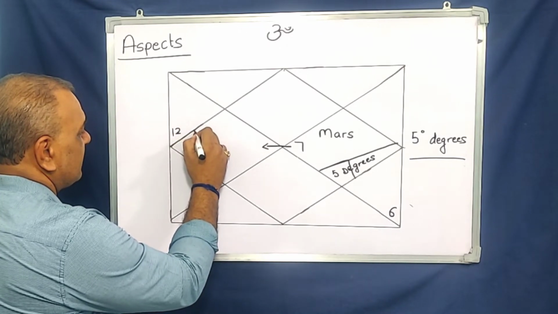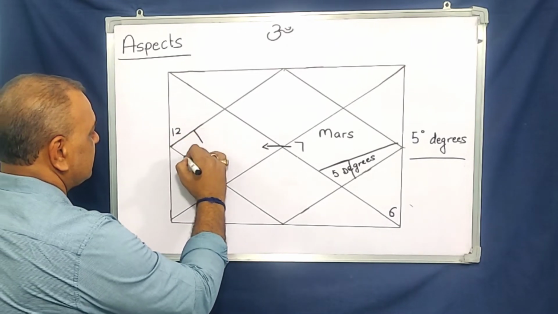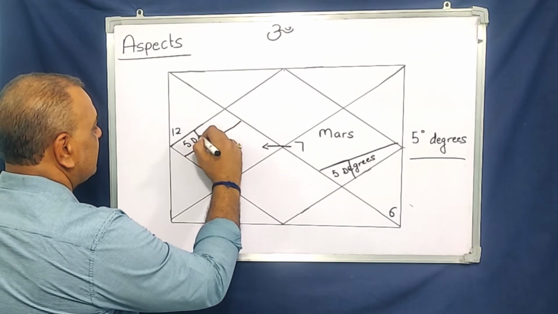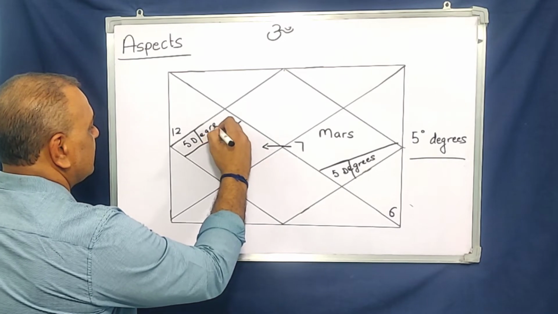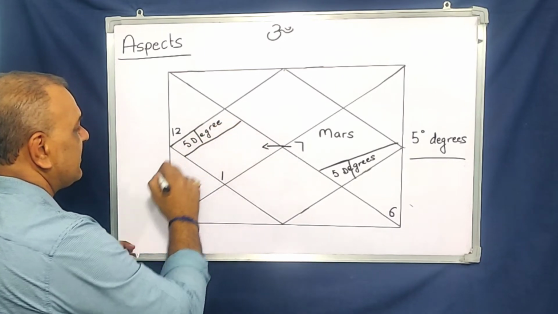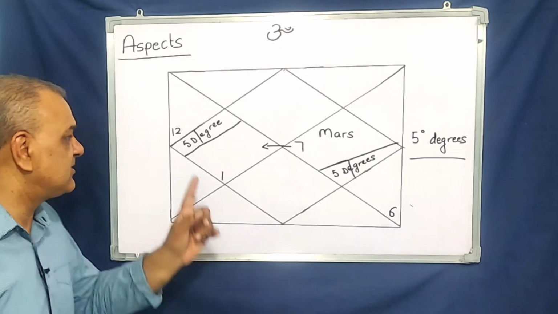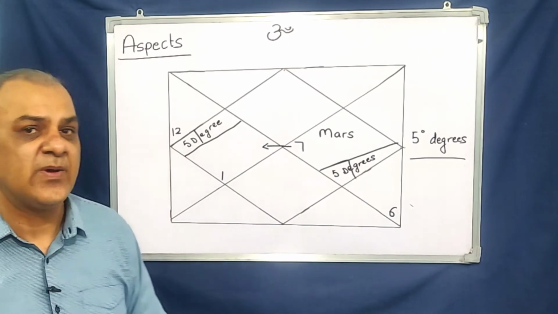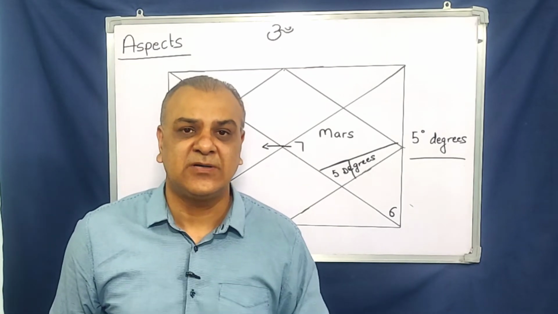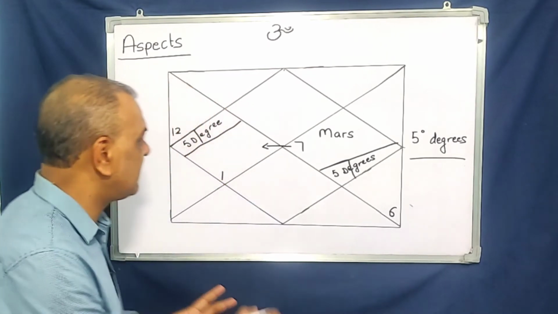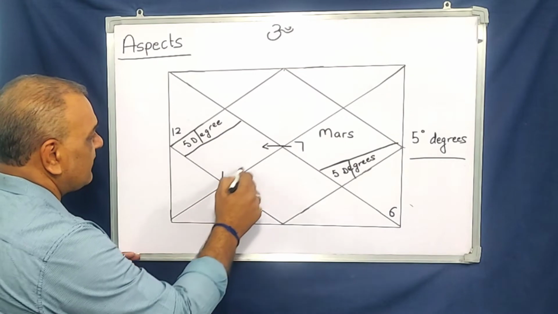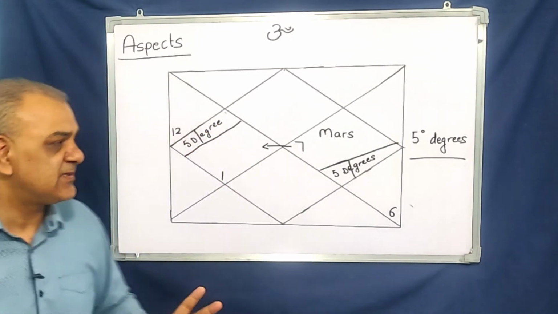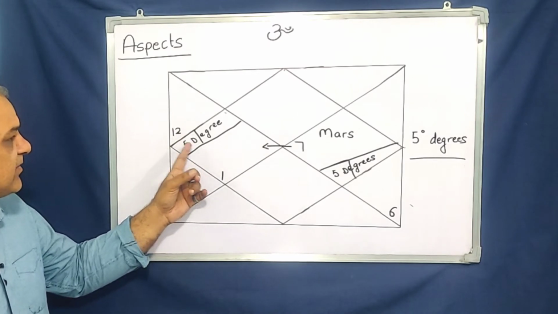Aries will start from here, and let's say this is the 5-degree portion of Aries, because Aries will start from here. One thing you need to remember is every sign has got 30 degrees. So this particular fourth house where number 1 is written has got 30 degrees and the house will start from here.